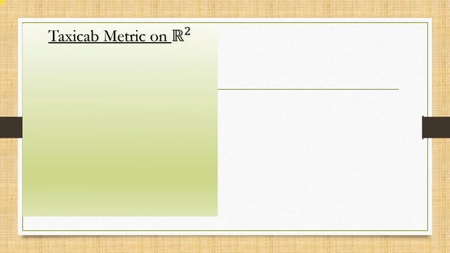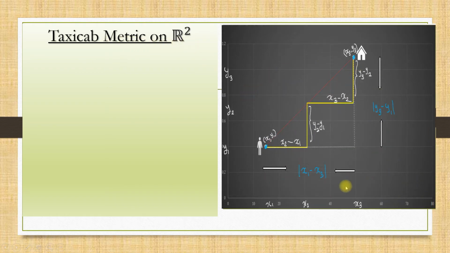Using that figure, we'll discuss the Taxicab metric on R2. So once again, consider the figure and consider the path through the yellow lines. Through the yellow lines, we'll describe the Taxicab metric. It's a horizontal and vertical path.